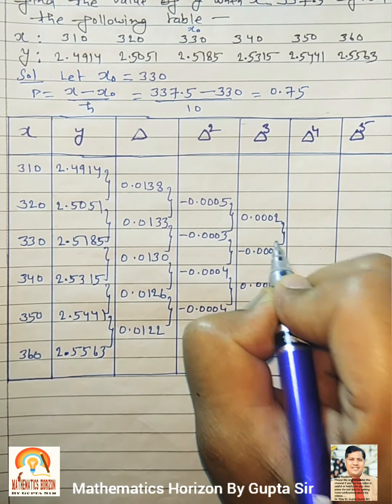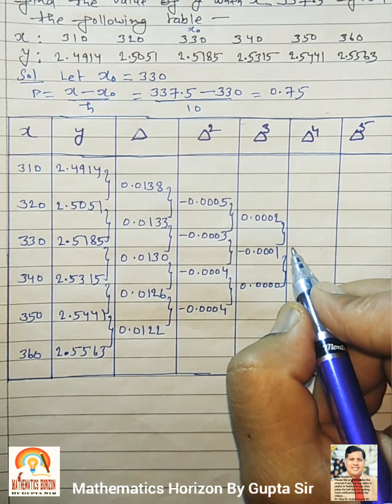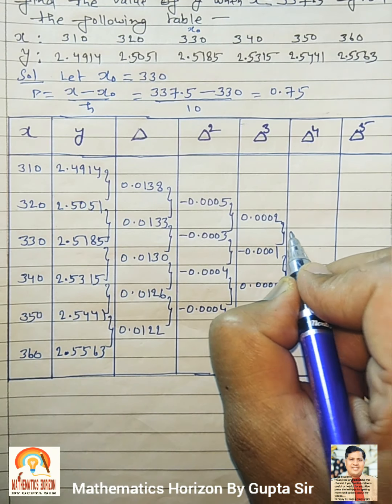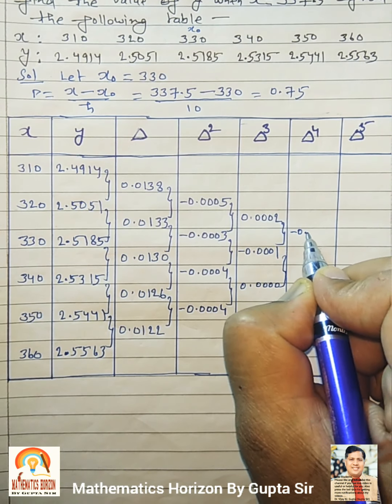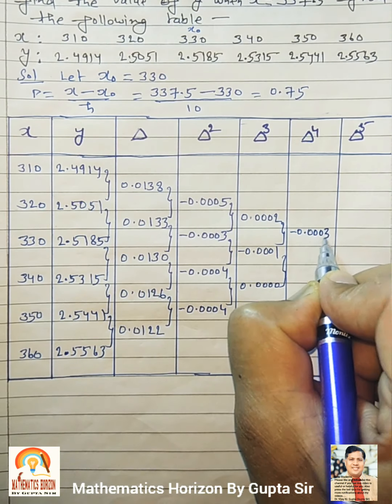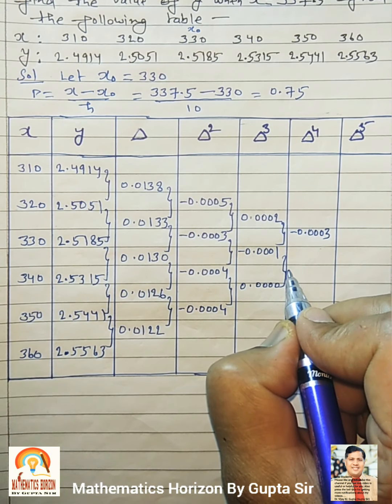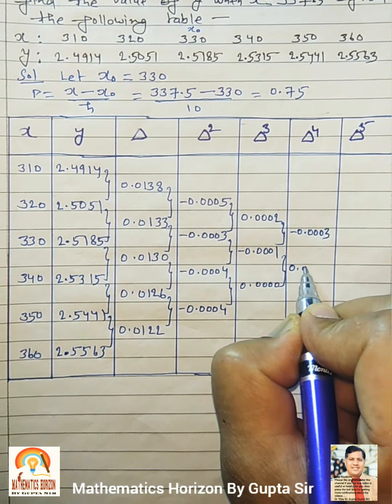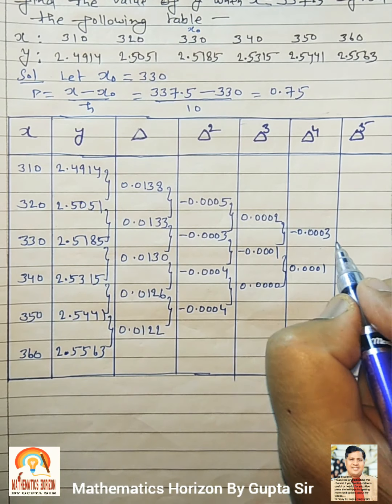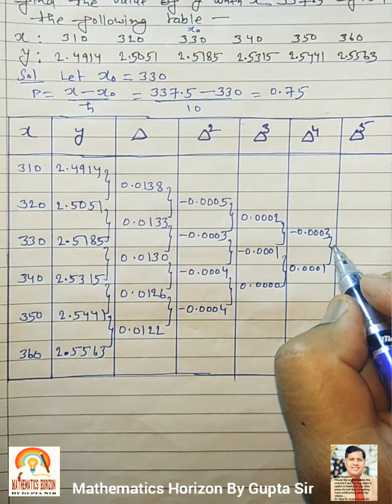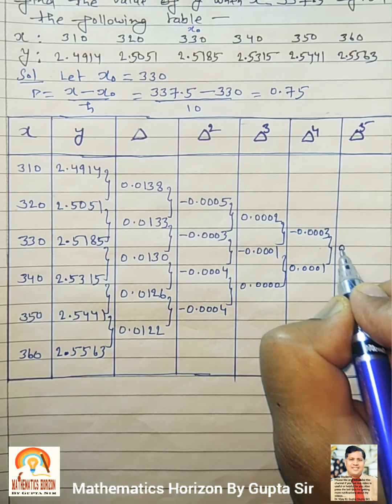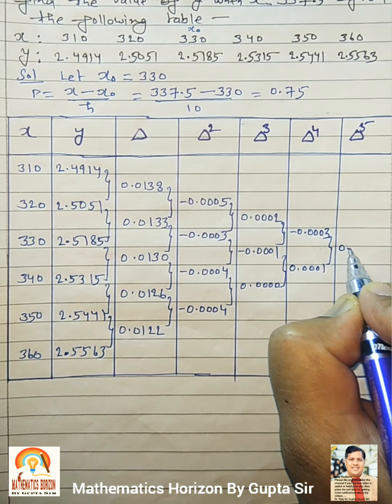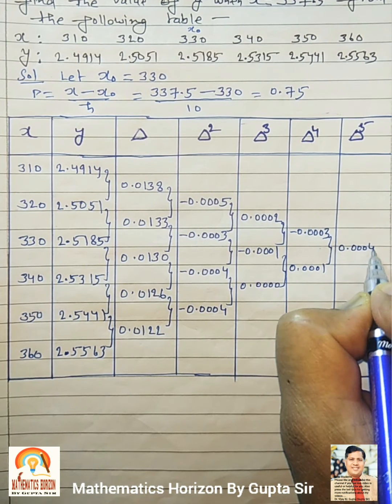Next differences of fourth order, minus 0.0003 and 0.0001, and finally differences of fifth order, this minus this, 0.0004.